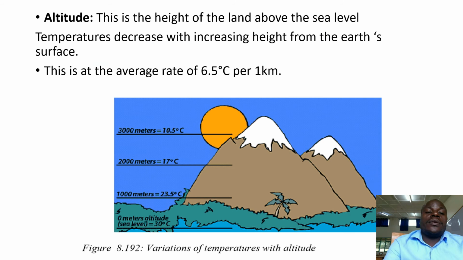2, we have altitude, which we call altitudinal location. This is the height of the land above the sea level. And here we borrow knowledge from layers of atmosphere.